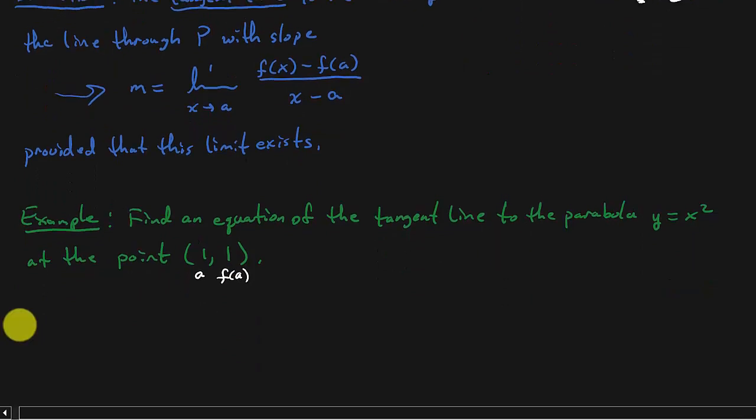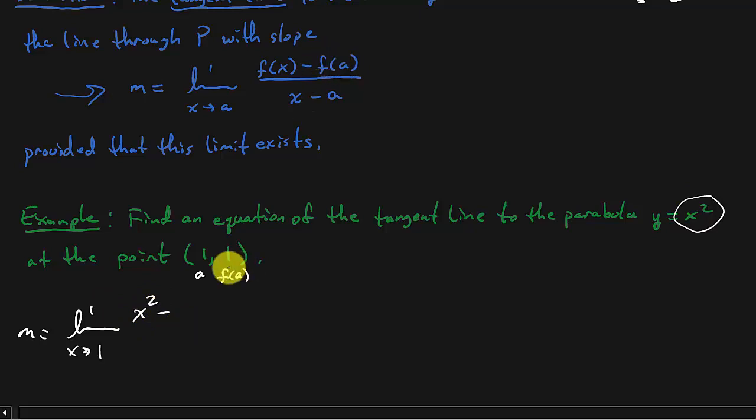So the slope is equal to the limit as x approaches a, and in this case a is 1, of f of x. Well, what's f of x? That's x squared, minus f of a.